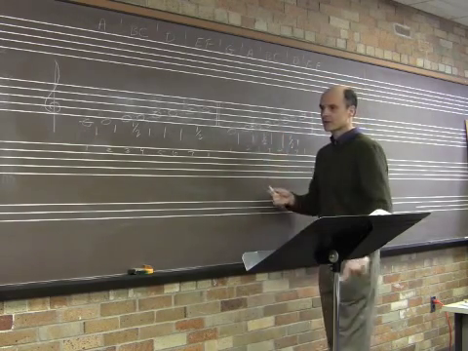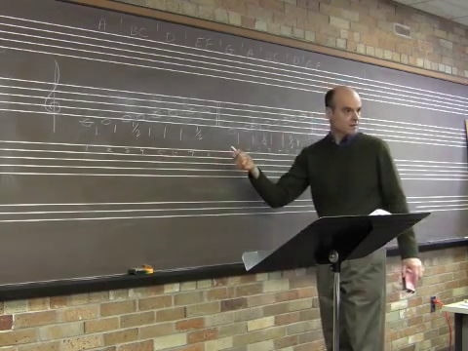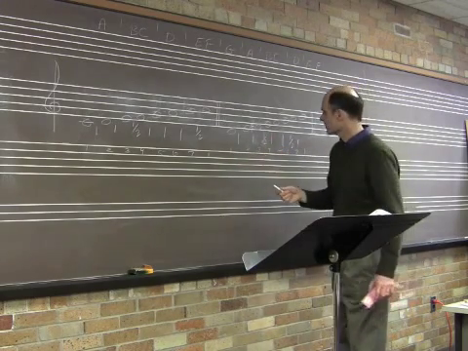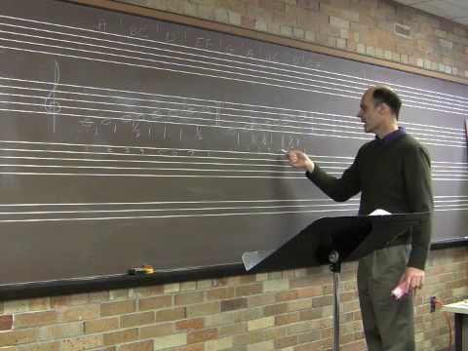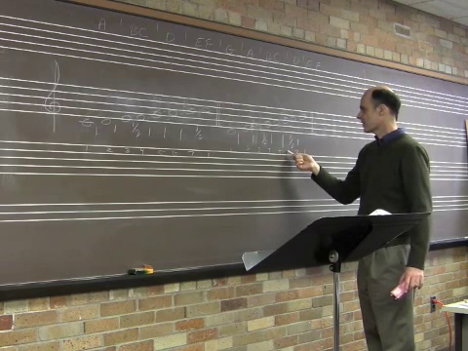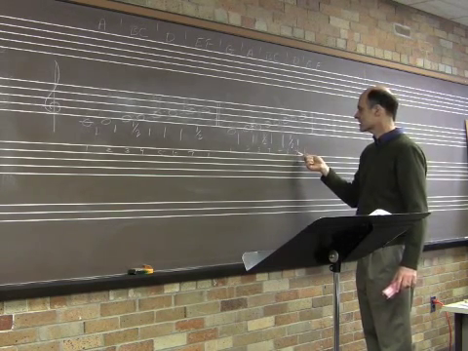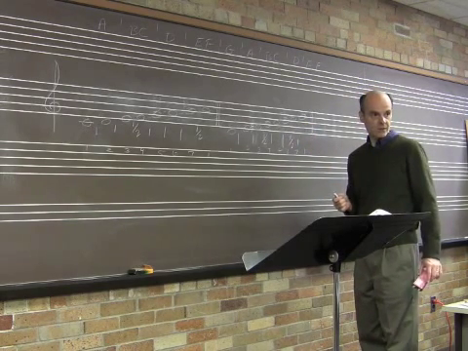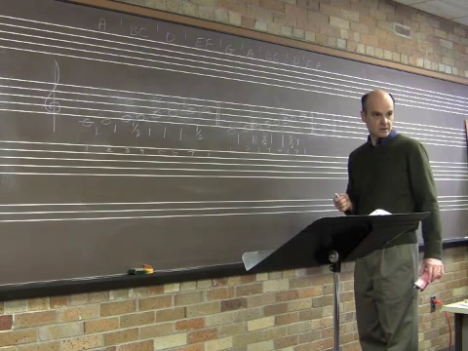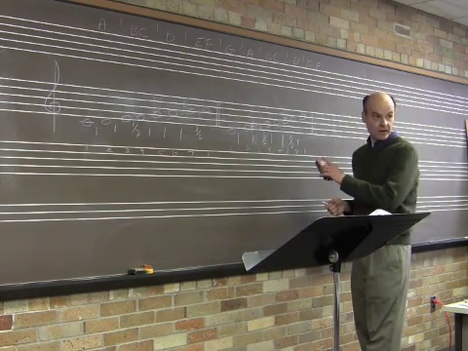Now I've got a half step between 3 and 4, right? So now I've got the same thing I had over here. Then I've got a whole step between 4 and 5. 5 to 6 is a whole step. That's what I want. But 6 to 7 is a half step here. That's B and C. Could I make that a whole step? What would I do? C sharp, right?